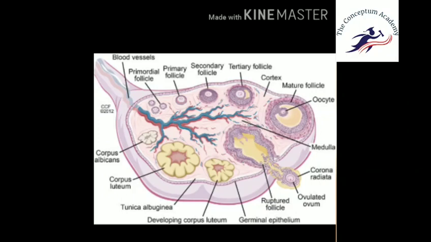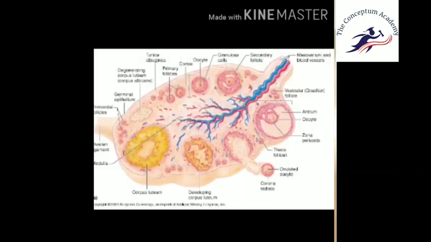Now, it's time for the oviduct. Let us discuss the oviduct. The oviduct, that is the fallopian tube, uterus and vagina constitute the female accessory ducts. Each fallopian tube is about 10 to 12 cm long and extends from the periphery of each ovary to the uterus.